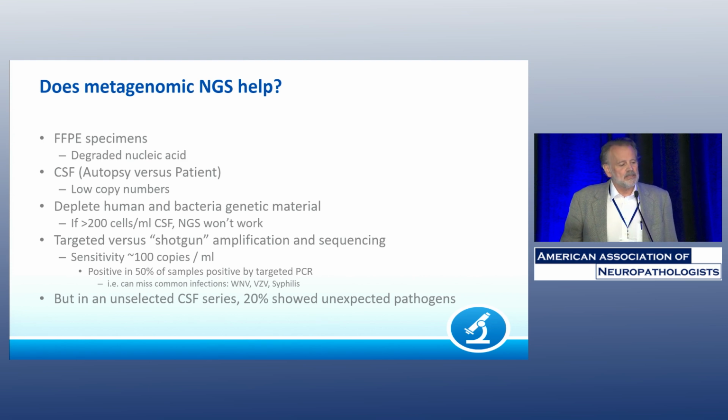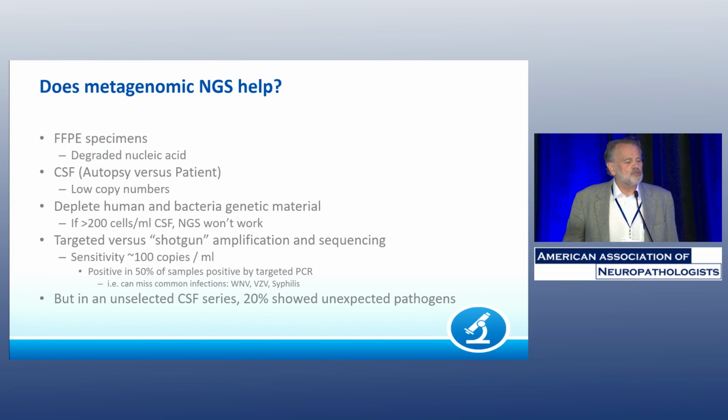The first problem is that the specimen that we have in front of us at the time that we're trying to make the diagnosis is usually a formalin-fixed paraffin-embedded specimen, which has degraded nucleic acids, which is fine for many of the techniques that we apply, such as in situ hybridization, but is abysmal in terms of metagenomic sequencing.